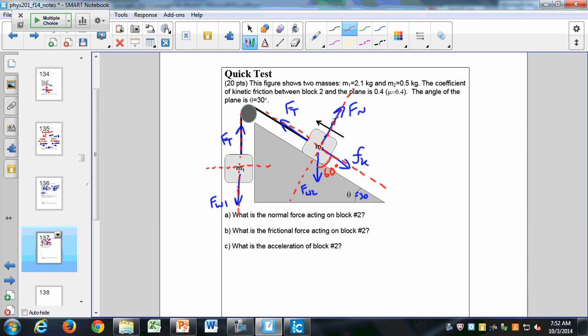Coming along okay? Once you get to this point, you might want to redraw this over here, rotating that coordinate system and resolving that vector into its x and y components. I'm going to go ahead and do that now.